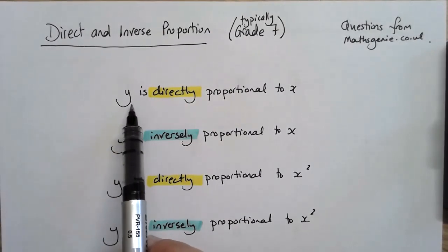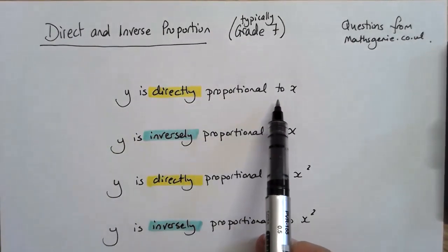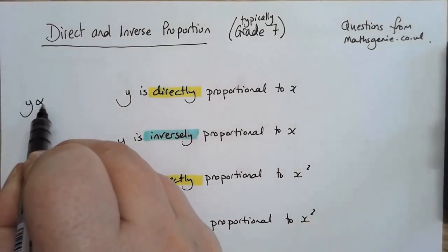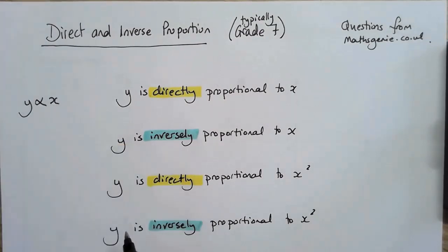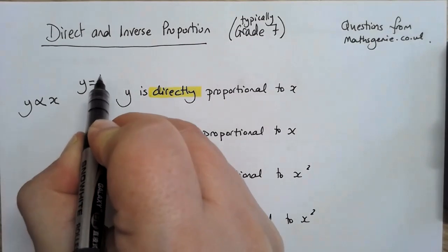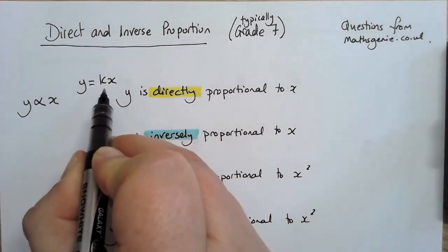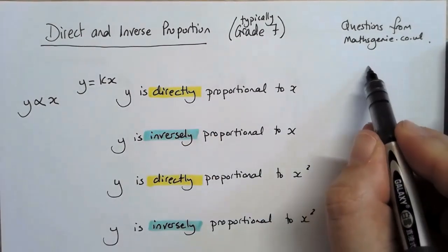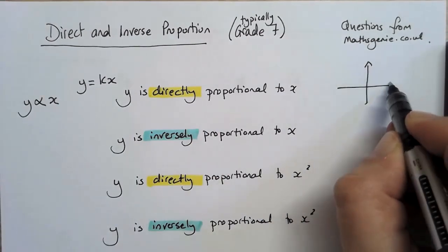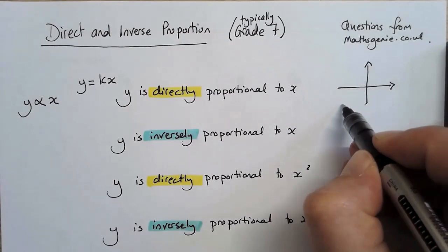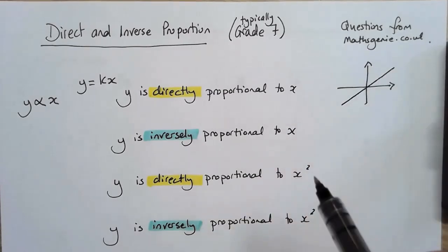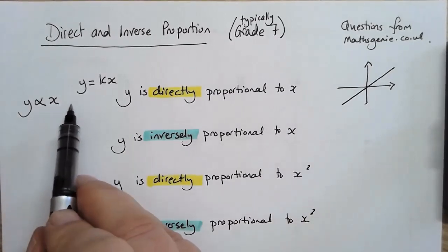We can write y is directly proportional to x, or we can write it as y equals a certain constant times x, because if we draw it on an axis where that's our y and that's our x, the line like this will show a direct proportionality.